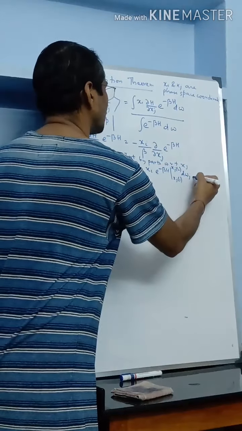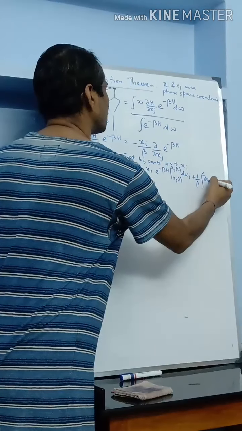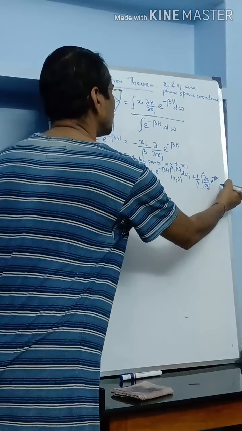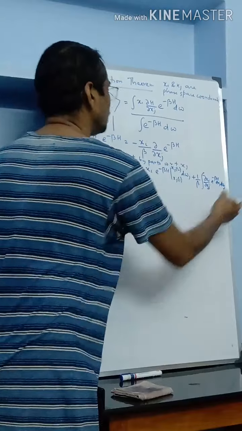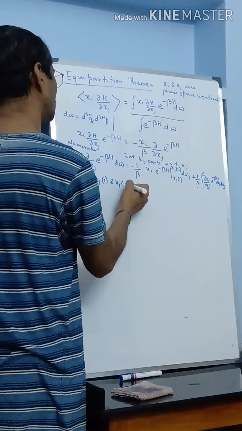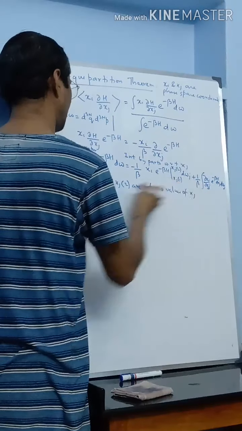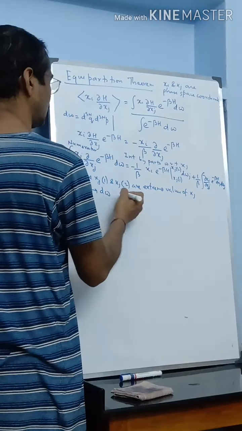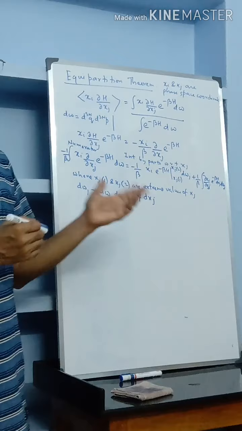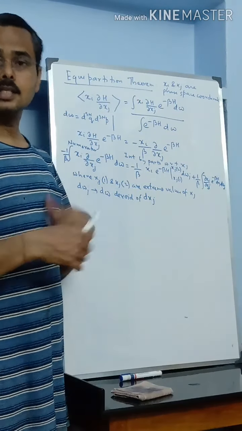This is the first part, and the second part is, with a negative sign, plus 1 by beta, then del xi by del xj, and then e to the power minus beta H dxj d omega j, where xj1 and xj2 are the extreme values of xj, and d omega j is the elementary volume d omega devoid of dxj, because we are taking the integral variable as dxj, so we have the other part multiplied as d omega j. So dxj into d omega j returns d omega.